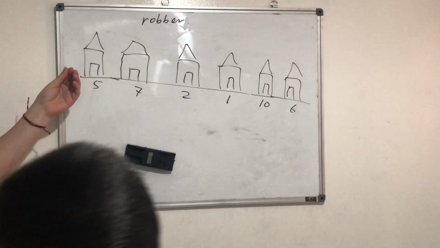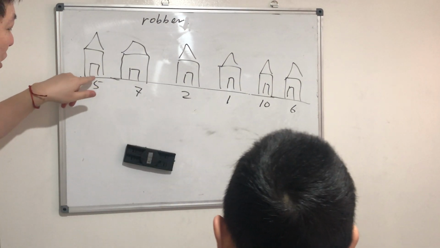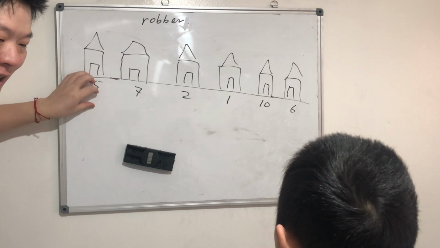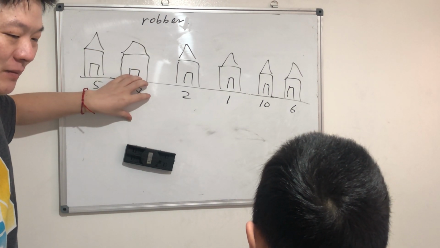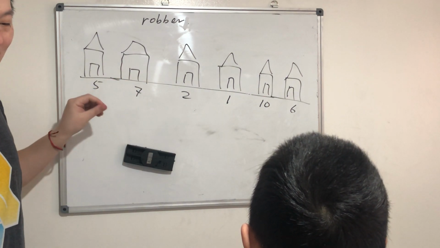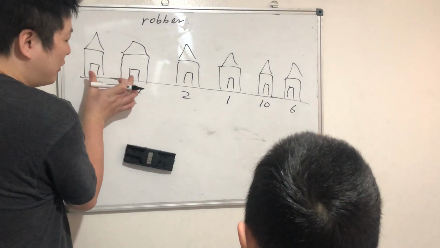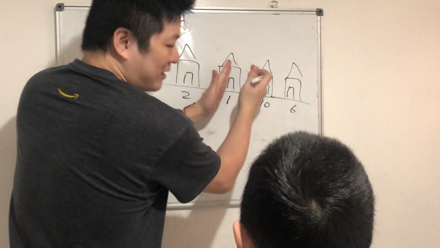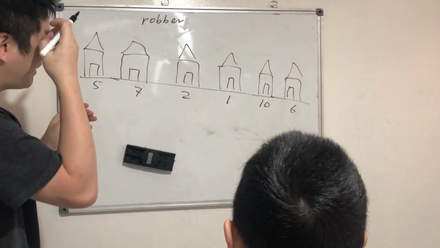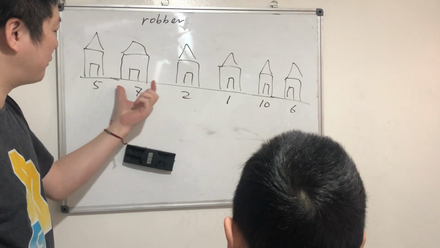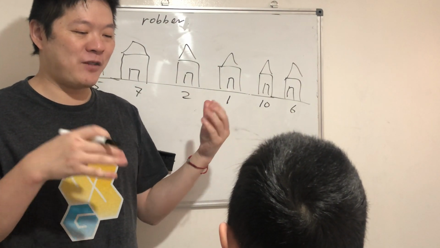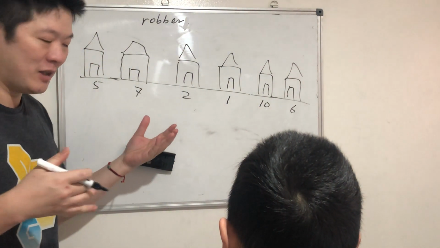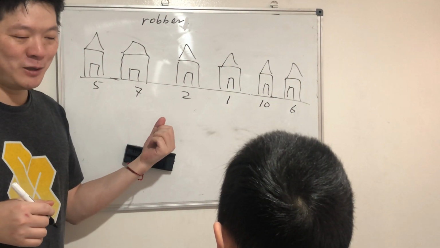But the thing is that if he robs this house, he takes this money, and if he takes money from two neighboring houses, the alarm will go off, and then the police will come.